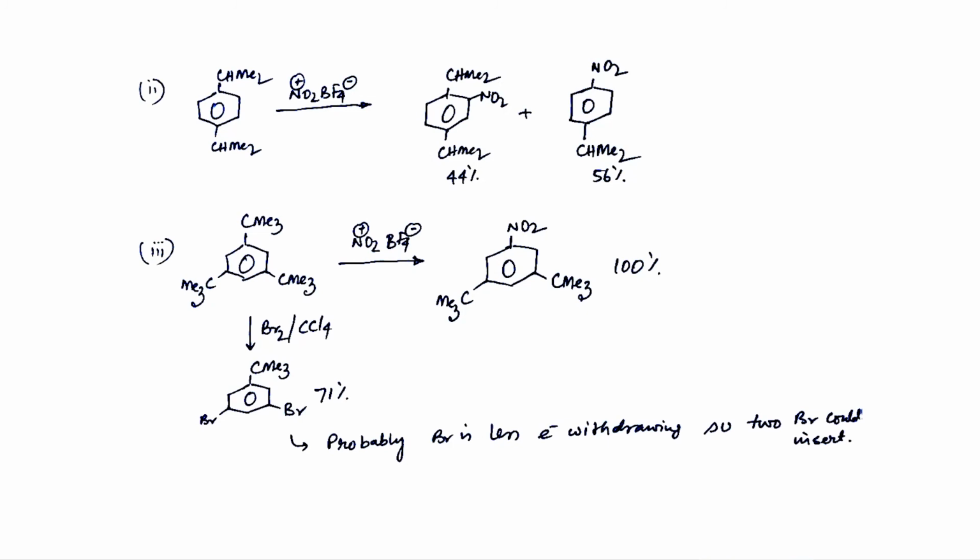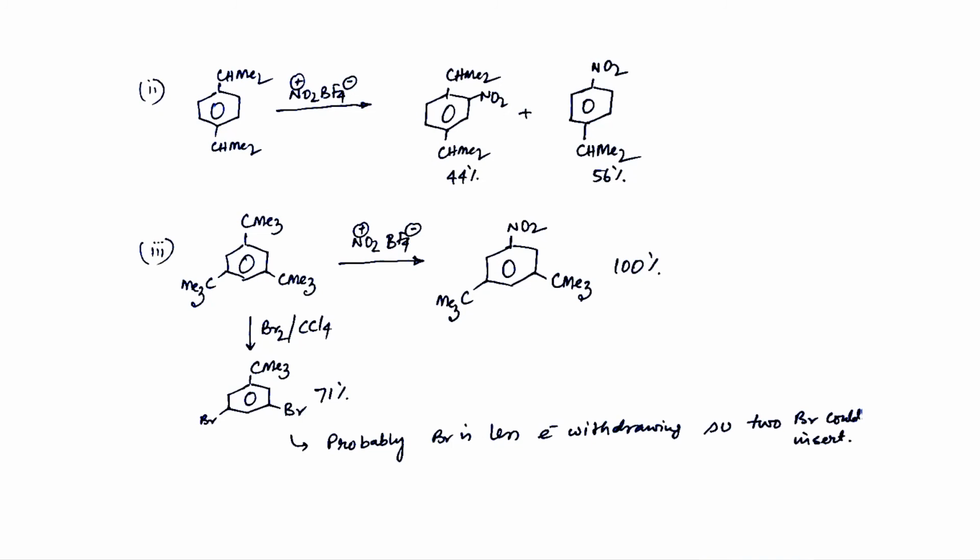In case of this 1,3,5-tri-tert-butylbenzene, when it is the nitration reaction, you see that only one of the tert-butyl groups is replaced. But if the bromination reaction is carried out, then two bromines are inserted.